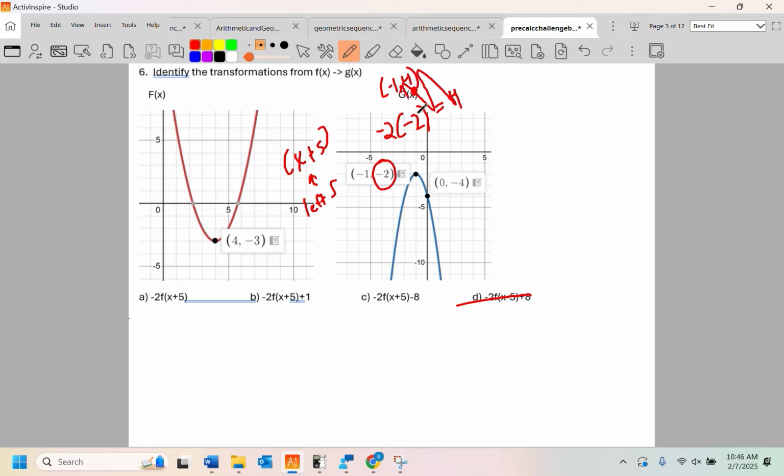I multiplied the wrong thing, I'm sorry. If I take this guy and I multiply it by a negative 2, I get 6. So if that's all I had done, I would be sitting at negative 1, 6. Well, I have to fall 8 units. Choice C. That'll be multiple choice on your challenge exams.